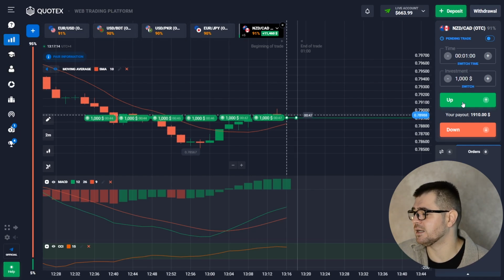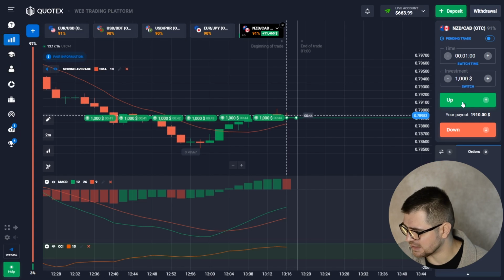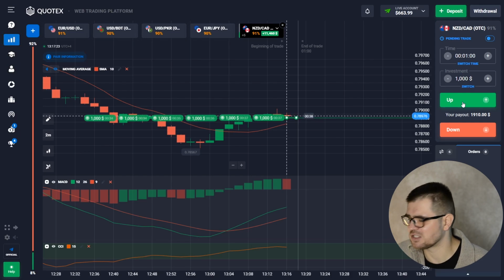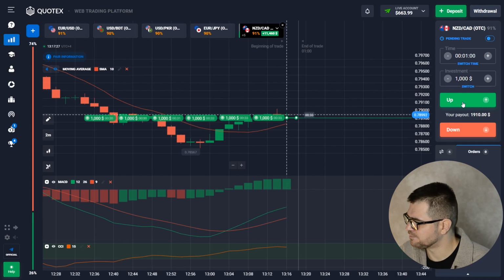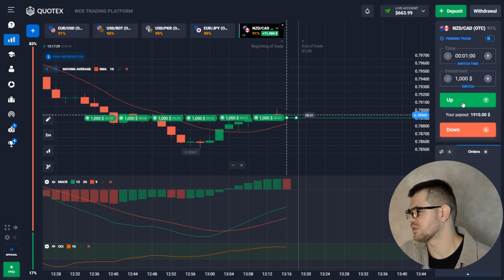You could say the strength is kind of in the middle. There is still some strength, although it's not so strong, let's say, but it's still showing some growth. Not the worst situation.